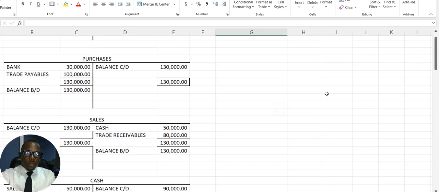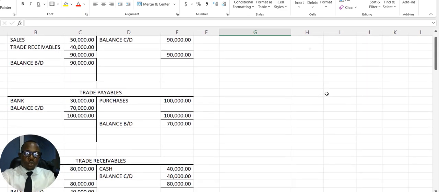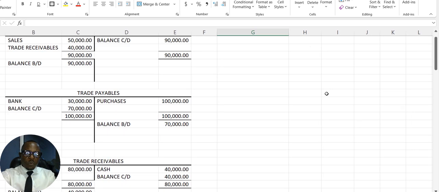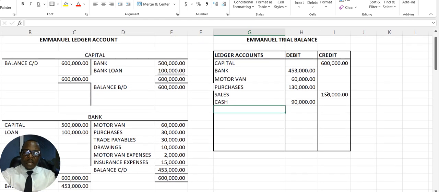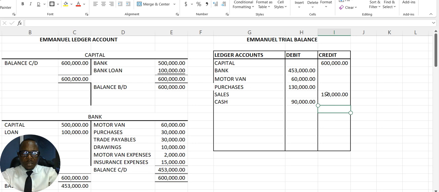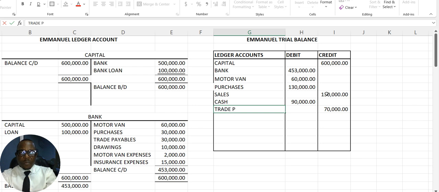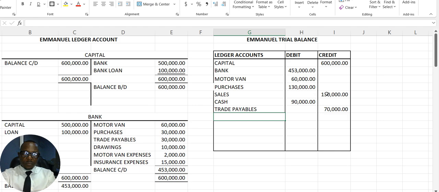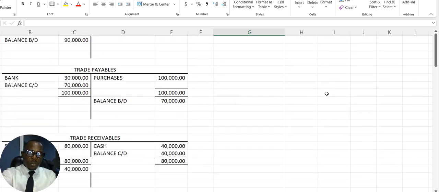All right, the next thing is trade payables, which has 70,000 on the credit side. Trade payables. Right? The next one is what?